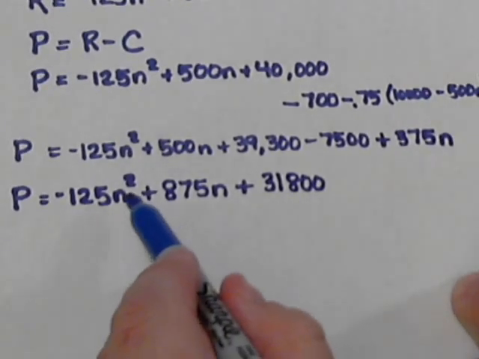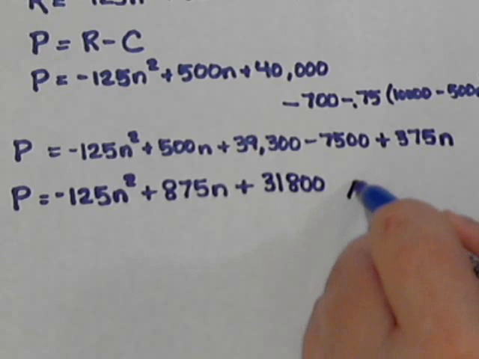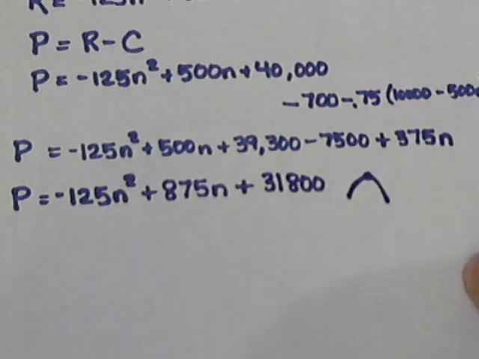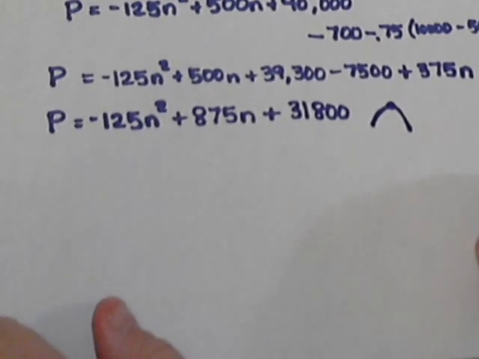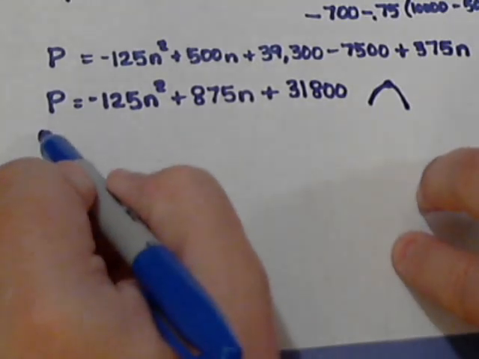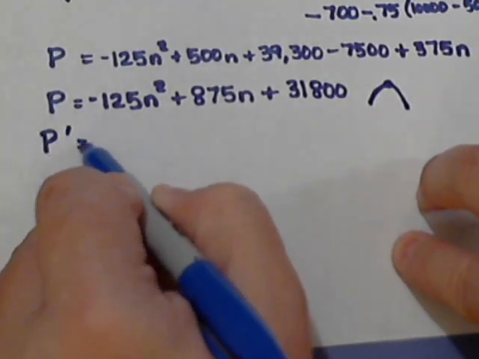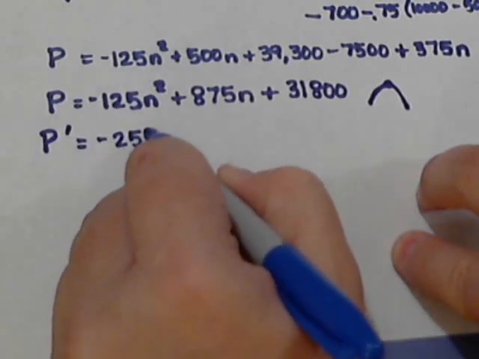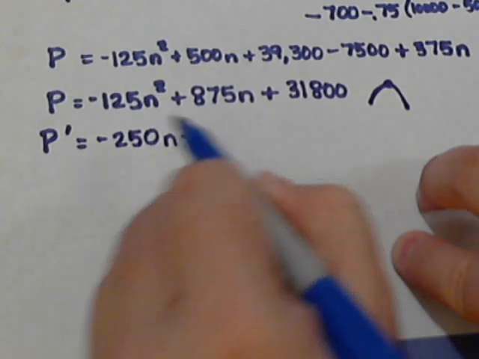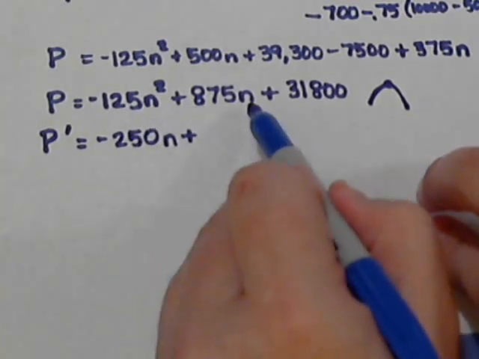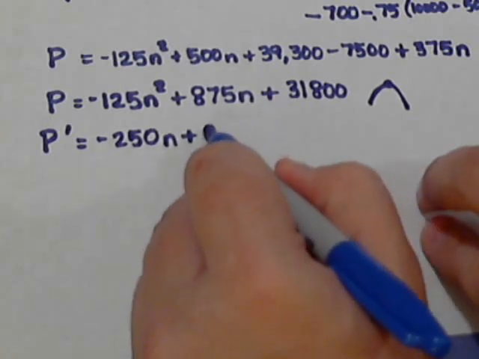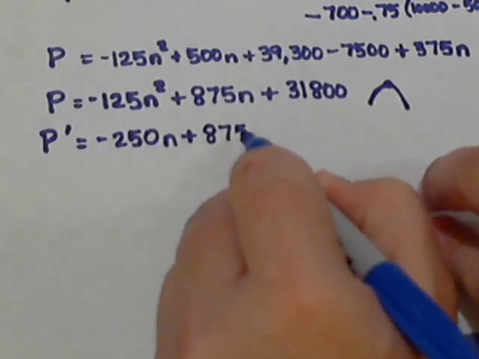So here's our formula for the profit. It's a quadratic with a negative coefficient, so we know it's going to have this shape again. And we're looking for the maximum profit, so again we want the critical point. So we need our derivative. The derivative of the profit equation: we bring the 2 down times the negative 125, so negative 250n, plus, this is a linear term, and on the derivative of a linear term we just drop the variable. So we're left with plus 875.